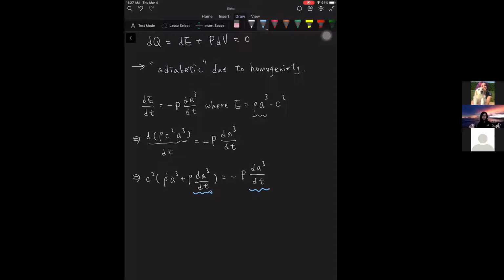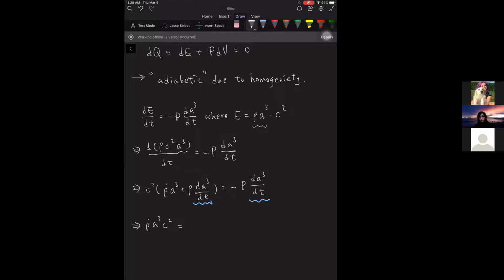So let's move these terms to the same side. The left-hand side will be left only with rho dot a cubed c squared, and the right-hand side would be minus (p plus rho c squared) times d(a cubed)/dt.